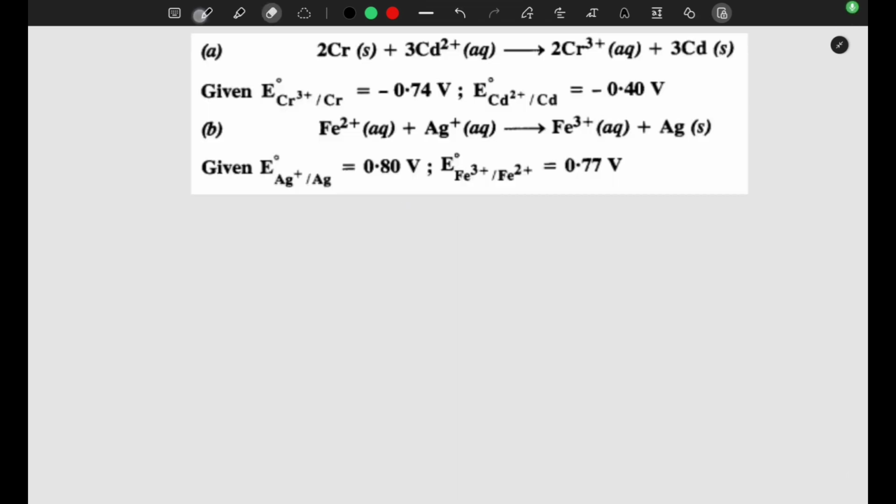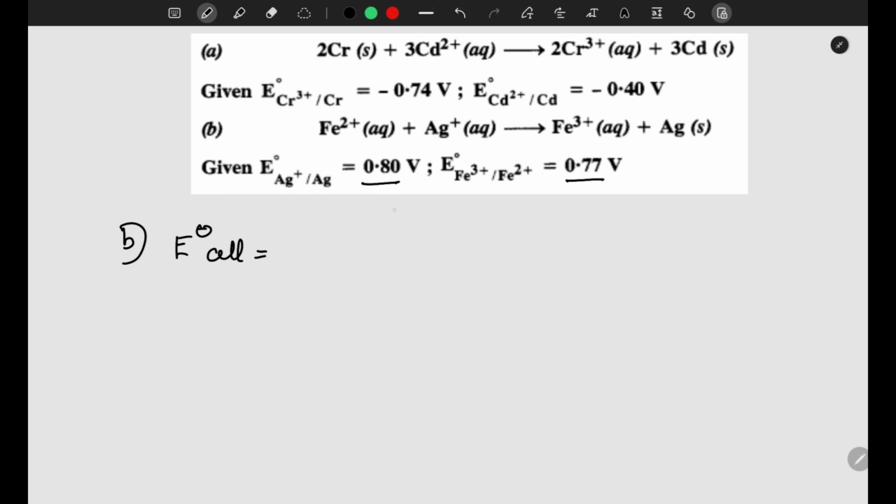Now let us do the B part. Here also we can calculate E naught cell. E naught cell is equal to E naught cathode minus anode. Here silver is undergoing reduction and iron is undergoing oxidation. Let us compare both reduction potentials. Reduction potential is higher for silver.